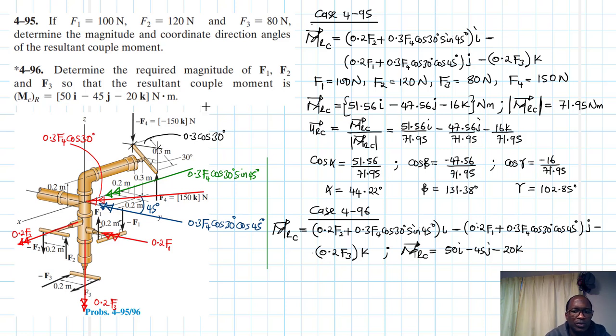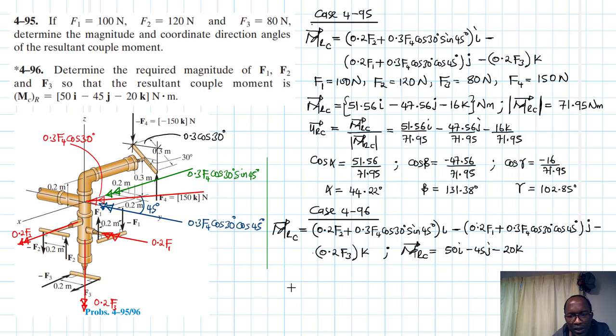So what we need to do now is to equate these two expressions. This component will be equated to this component, and this component will be equated to that. So let's do that.